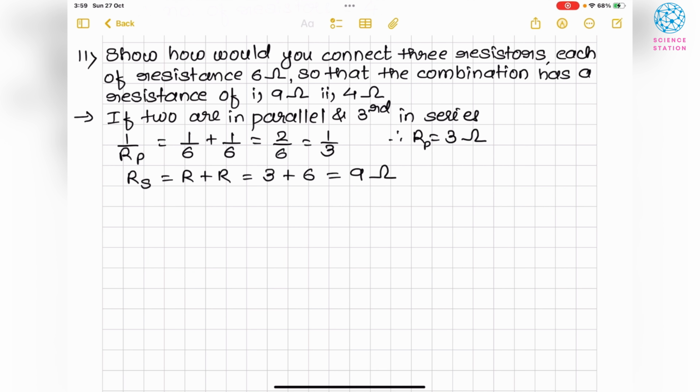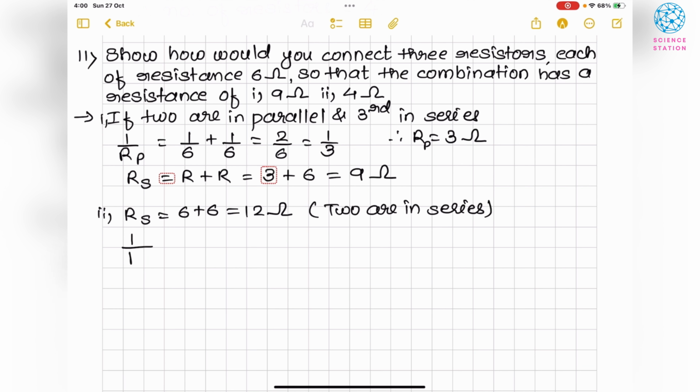And in the second case, let Rs equal to 6 plus 6. So that will be 12 ohm. So here 2 are in series. Now 1 upon Rp equal to 1 upon Rs. The two in series are connected here in parallel with one.